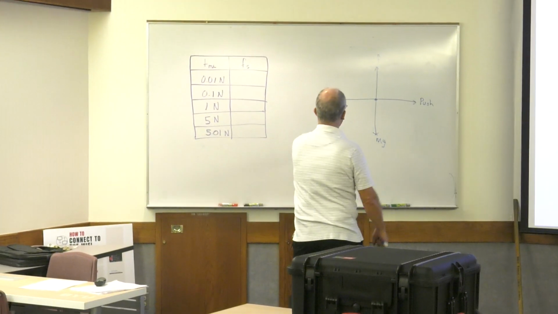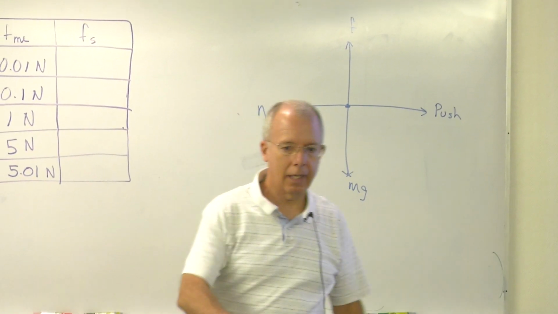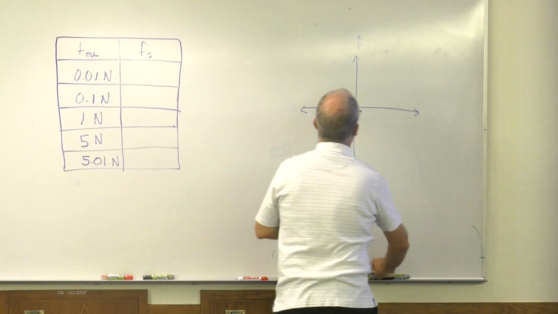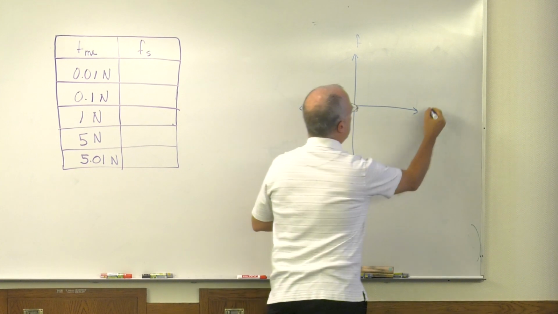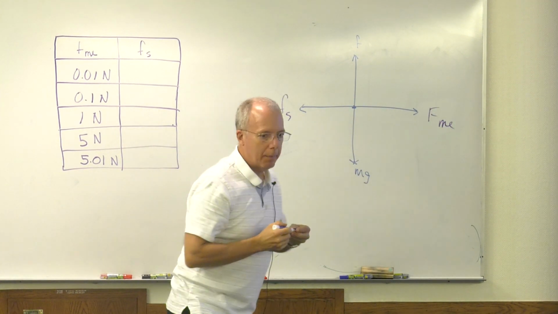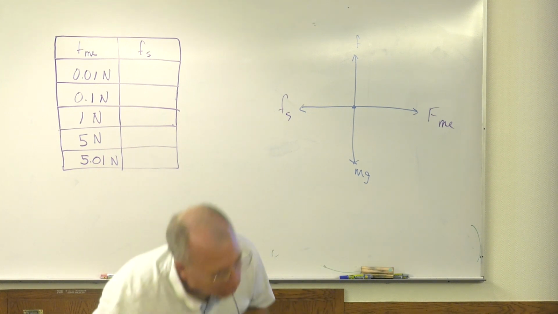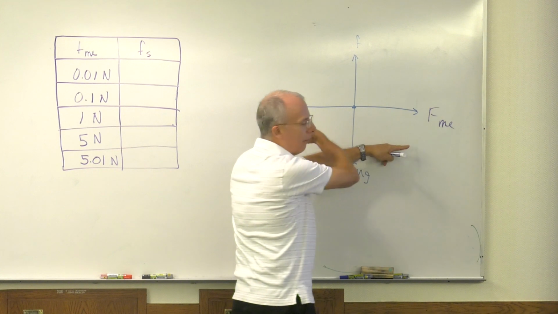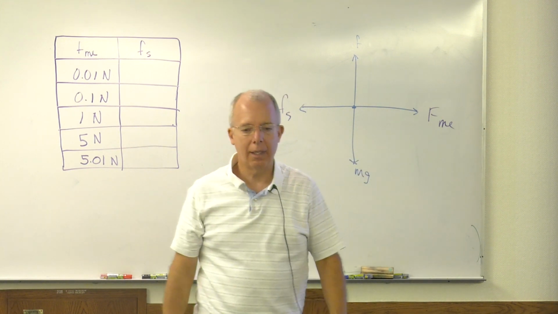Because these forces, let's draw. So for this one, there's me. So I'm pushing, there's a force of me, and then there's a static force, right? So I blew on it with 0.01, but the friction was strong enough to withstand that.